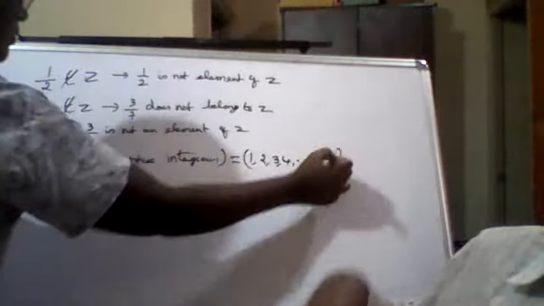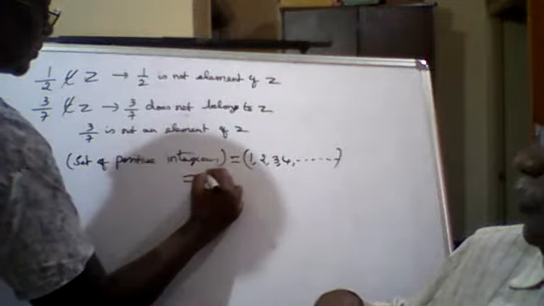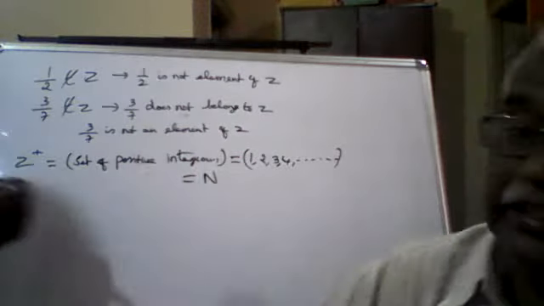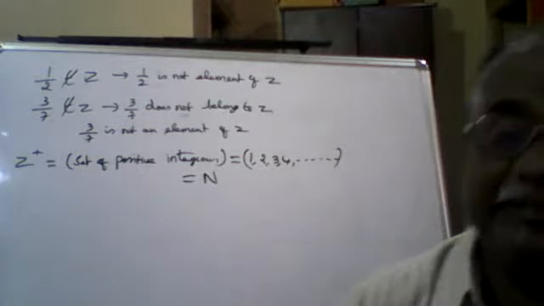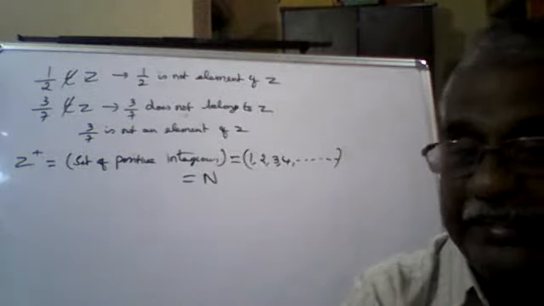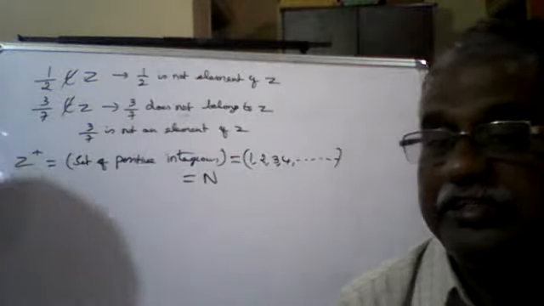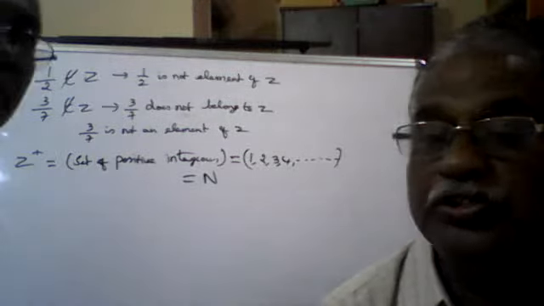Then equal to capital N. So what you saw as natural numbers, this Z plus is written in higher classes. They teach only Z in lower classes. Z is the set of integers, negative integers and positive integers.